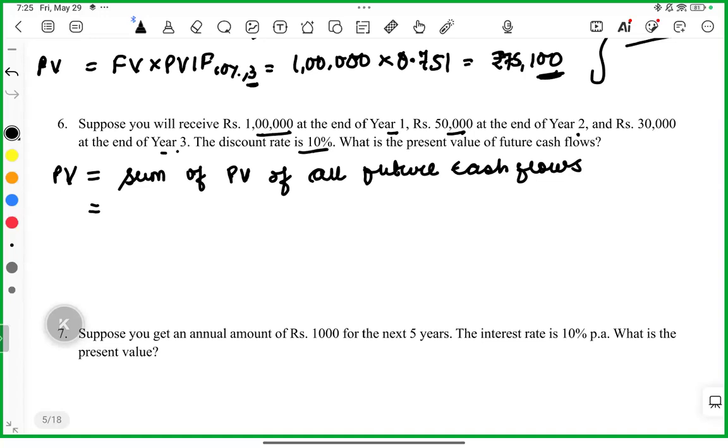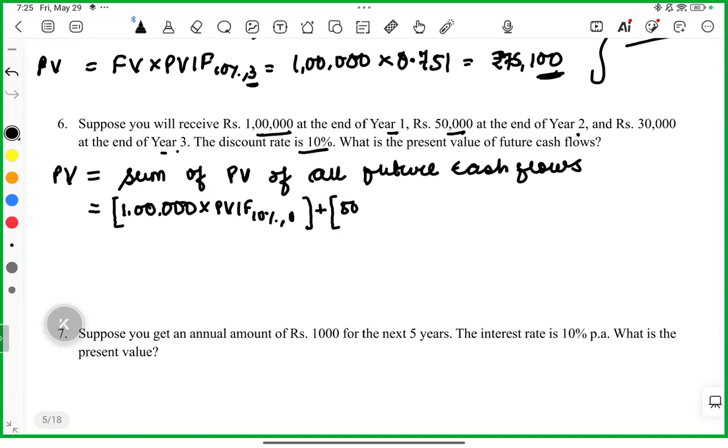So you are receiving 1 lakh at the end of year 1. So 1 lakh will be multiplied by PVIF at 10% because R is 10% and this is at the end of year 1. So N is year 1 plus. What is the second future value or second cash flow?